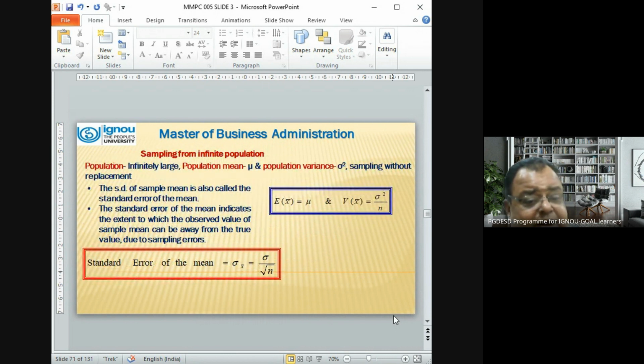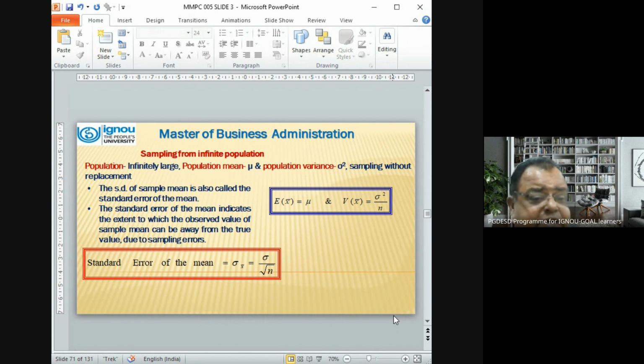Population is infinitely large, the population mean is mu and the population variance is sigma square, and sampling is without replacement. See the mathematical notation, that is the most important part, because the numericals will be an application of these things only.